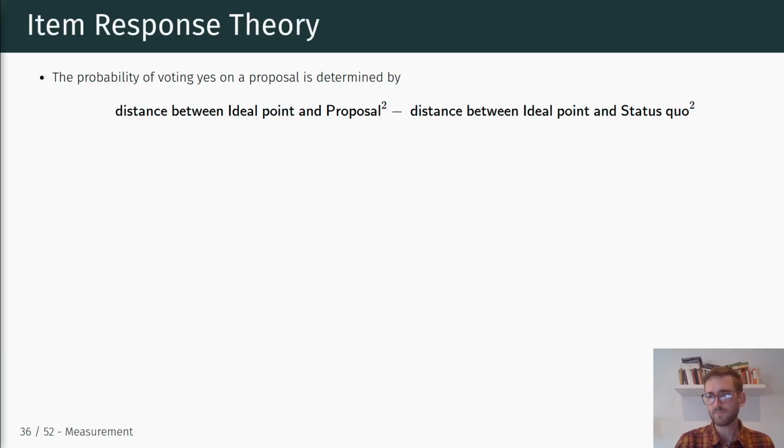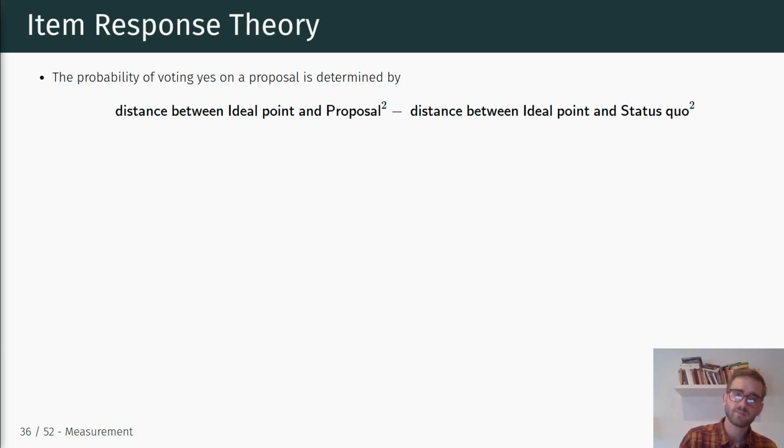And so ultimately we do this by assuming that the probability of voting yes on a proposal is determined by the distance between a respondent's ideal point and the proposal squared, minus the distance between the ideal point and the status quo. And that's the logic that I just went through.